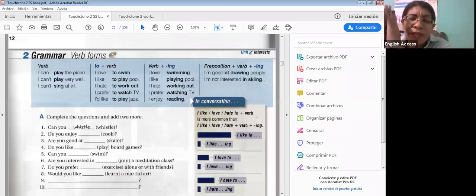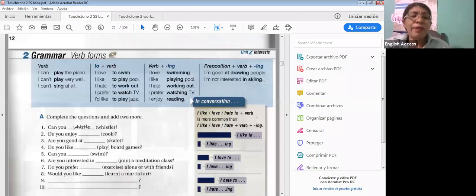Then on the second column, we have the verbs love, like, hate, prefer, would like, plus to plus verb. Column number 3, we have verb plus ing ending. And column number 4, we have the preposition. In this case, we have at and in, plus verb with ing, like drawing and skiing.